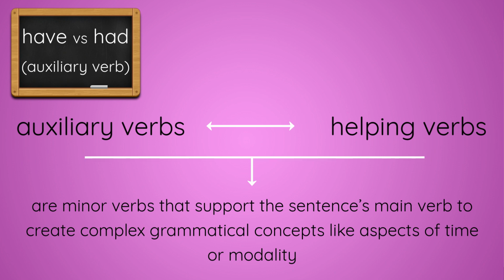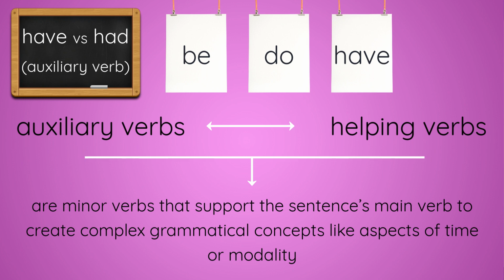The 3 main auxiliary verbs are be, do, and have. However, all 3 of these can also be used separately as action verbs. When you see one of these verbs in a sentence, look for a second verb to determine if it's being used as an action verb or an auxiliary verb.